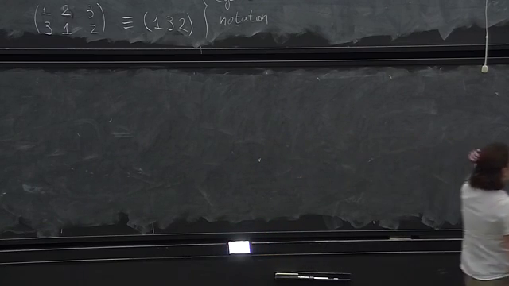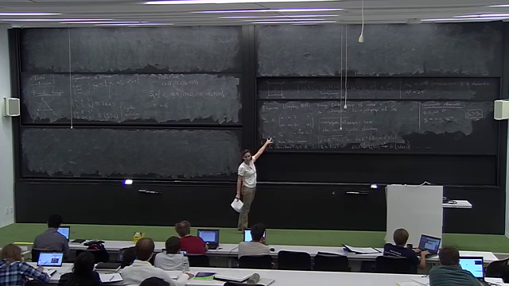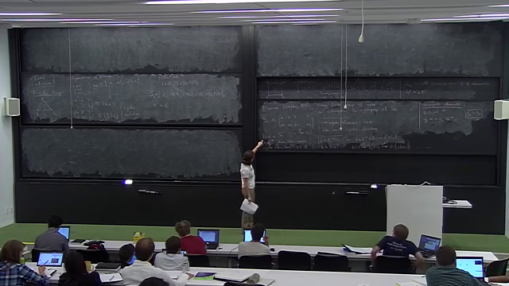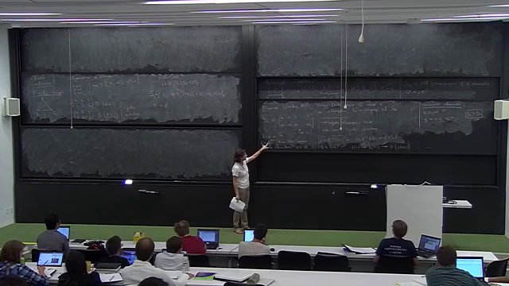What I'm saying is that if S is whatever, and we take whatever other element T and multiply them like this, then this thing will have the same cycle structure.